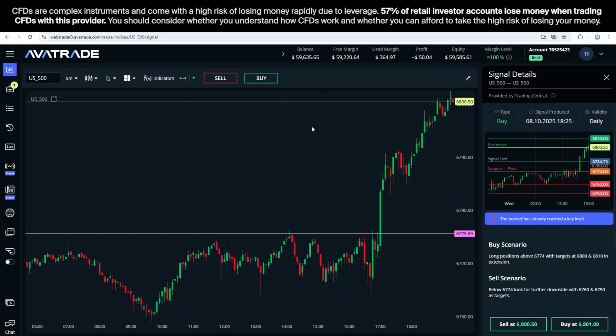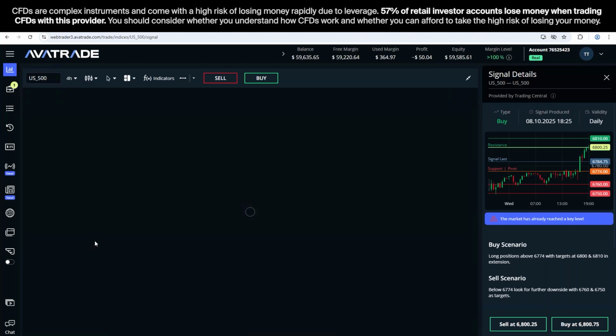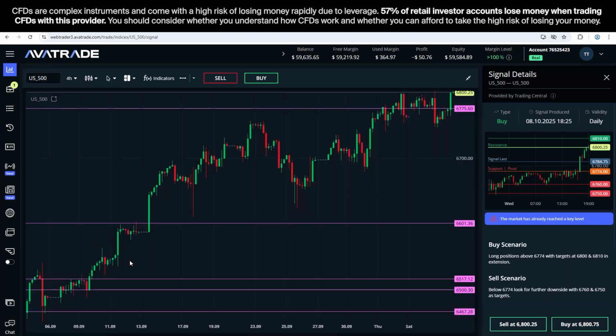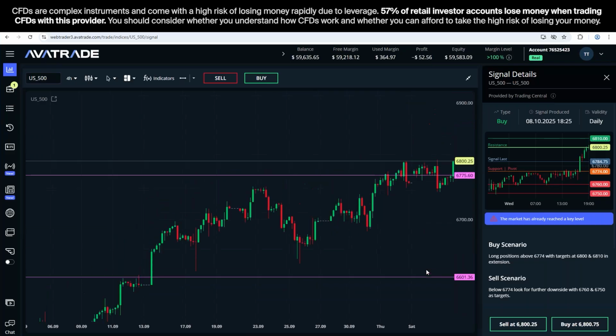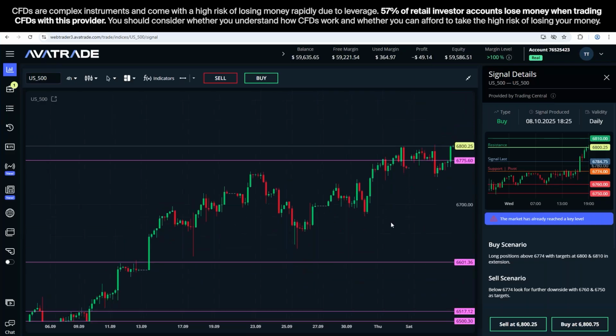So let's see on this one if there's an actual resistance at 6,800. So as we take a look, there is, okay? So when we look at the 4-hour candles, it's almost at the all-time high. It's actually a real resistance level here, which is also the all-time high. That's the last resistance level, 6,800, okay?